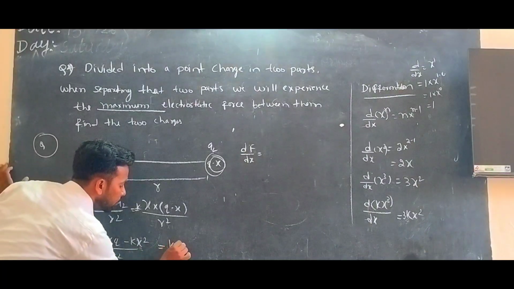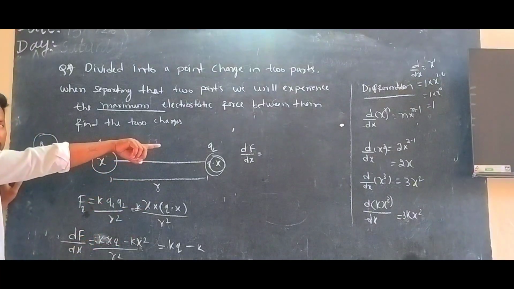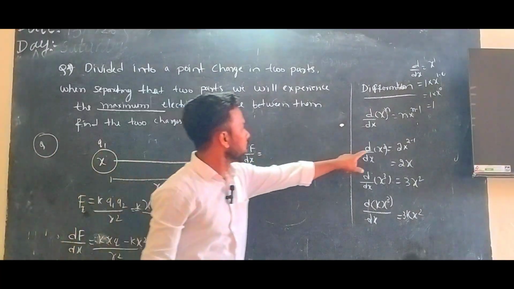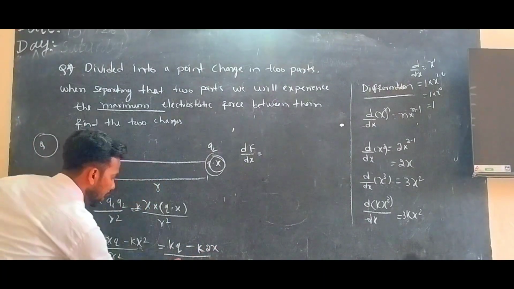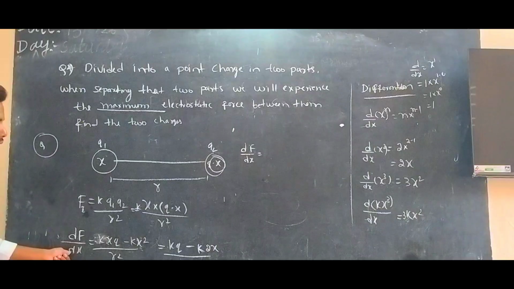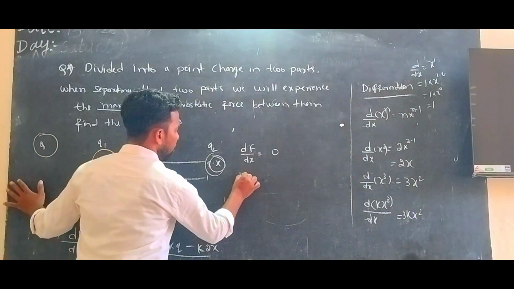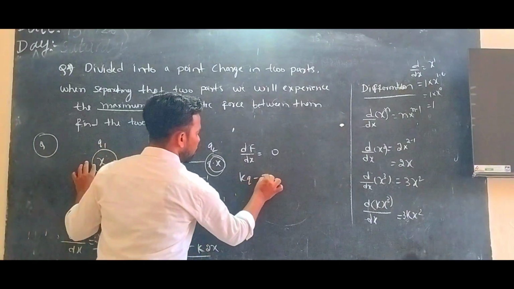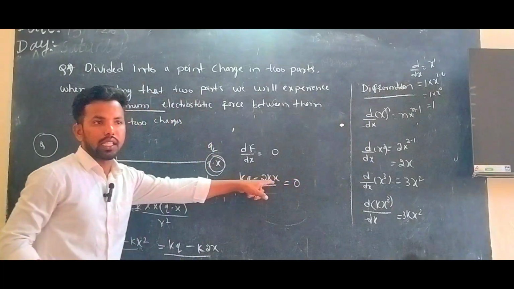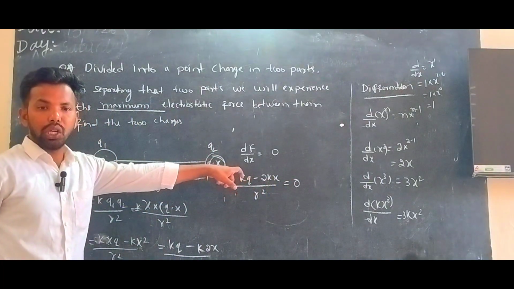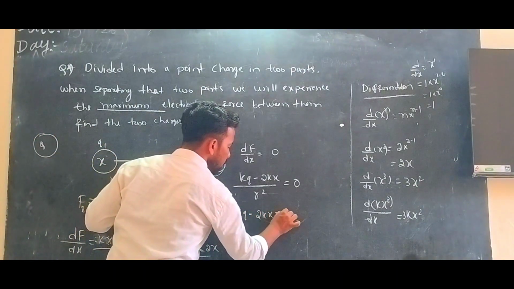So Kq minus K times the differentiation of x square, which is 2x, divided by r square. For the maximum we set this equal to 0. So Kq minus 2Kx divided by r square is equal to 0. Multiplying by r square, 0 into anything is 0. So Kq minus 2Kx is equal to 0.